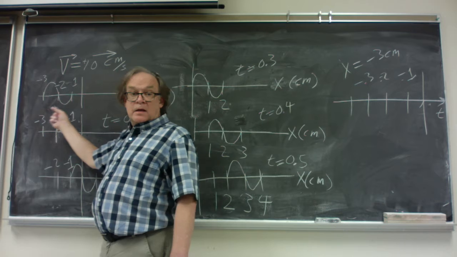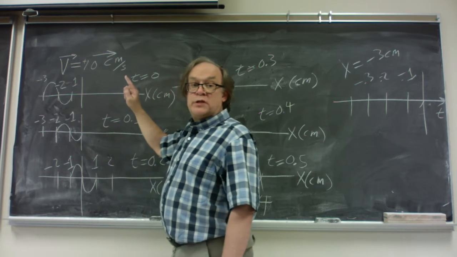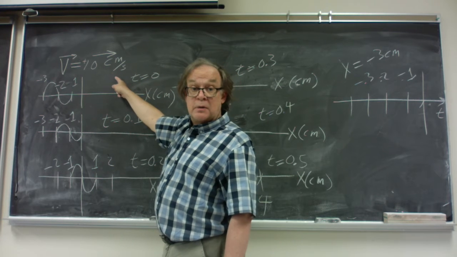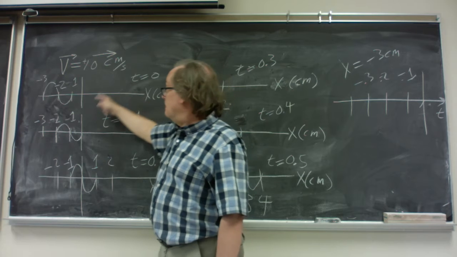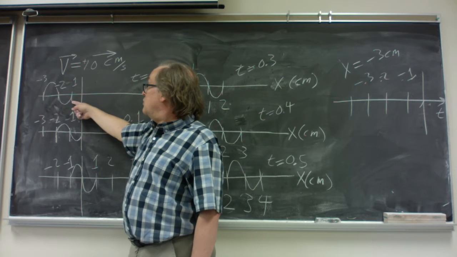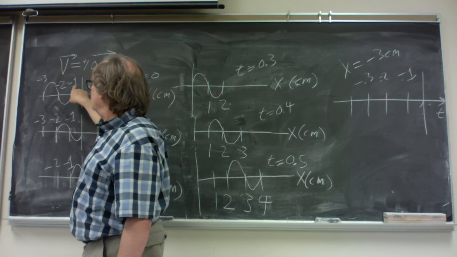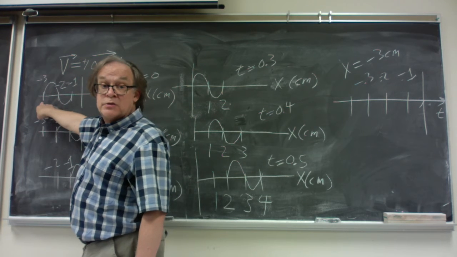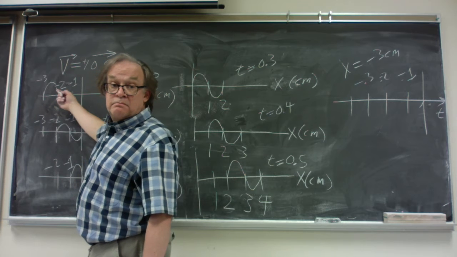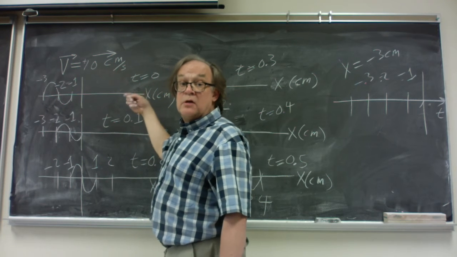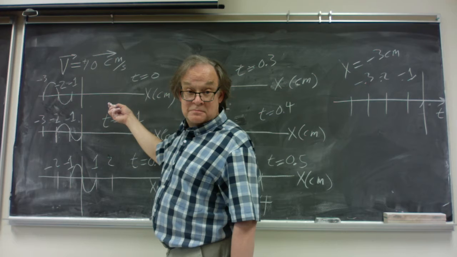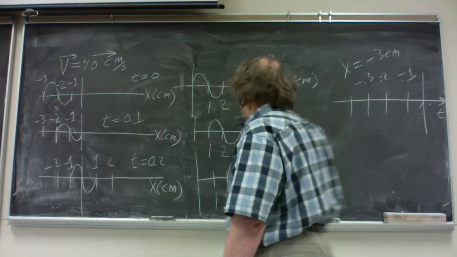In other words, 2/10 of a second before this, at the time negative 0.2, the front edge of the pulse was 2 centimeters to the left of this. In other words, it was at -3. At 2/10 of a second before this, the front edge was just arriving at x equal -3.